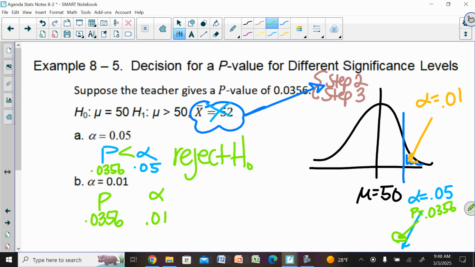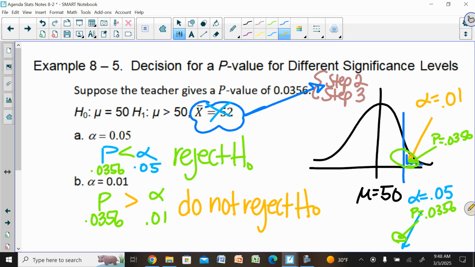This p-value of 0.0356 overflows, right? It's bigger than the alpha area that's shaded. It goes into the non-rejection region. So my p is greater than alpha, so I do not reject H sub 0.